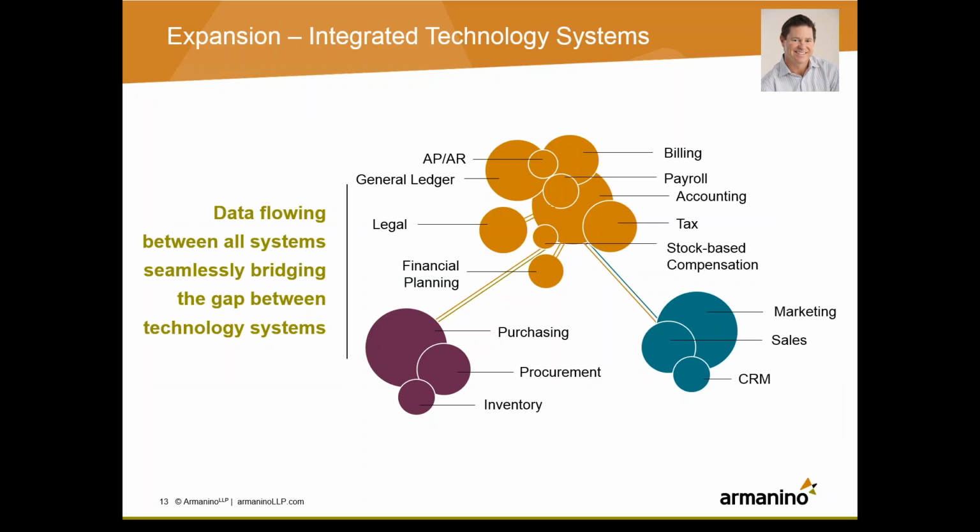So as you can see from this chart, there are some key operational efficiencies that companies are focused on. And maybe a little bit at a broader scale, companies that are focused on a solid integration between ERP, CRM, and inventory management solutions allow the company to ensure that they have consistent and accurate data flowing between all systems, seamlessly bridging the gap and breaking down those data silos.